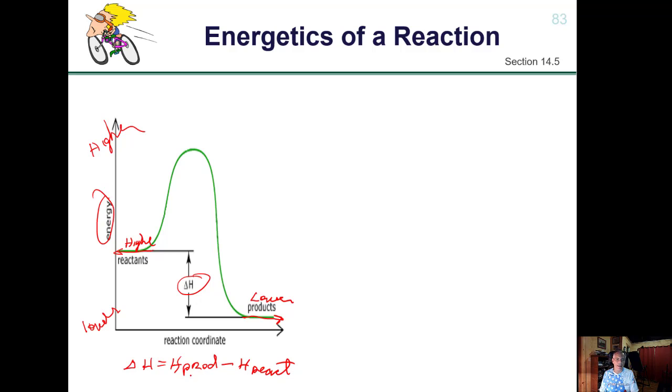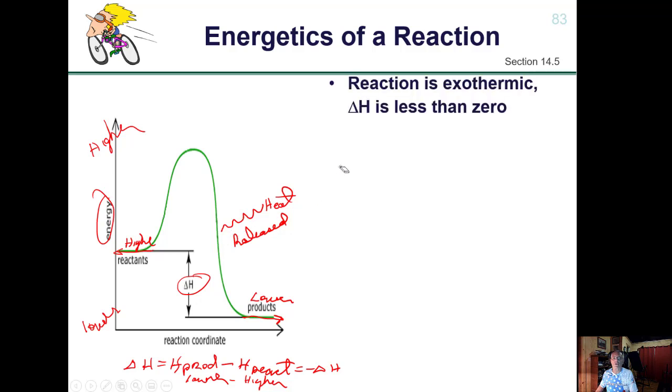If we're taking a lower number and subtracting a higher number, we're going to get a negative number. That gives us a negative delta H, which means that energy, we'll just call it heat, is being released in this reaction. When energy is being released, we've got an exothermic reaction, and our delta H is a negative value.